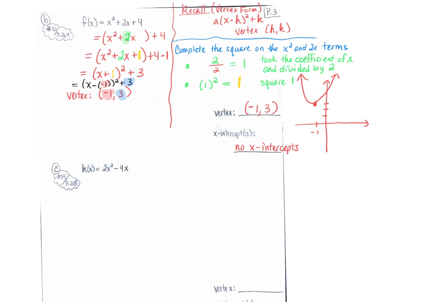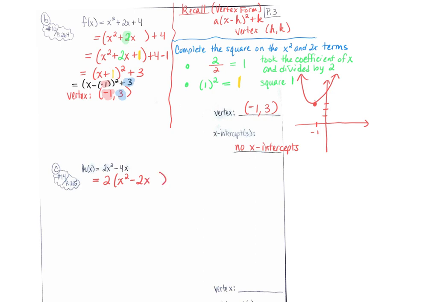So we're going to approach it the same way that we did before. But this time, whenever we look at these two terms, we're going to complete the square in x squared and x, right? But notice they have a 2 in common. So we're going to write this as 2 times the quantity x squared minus 2x.